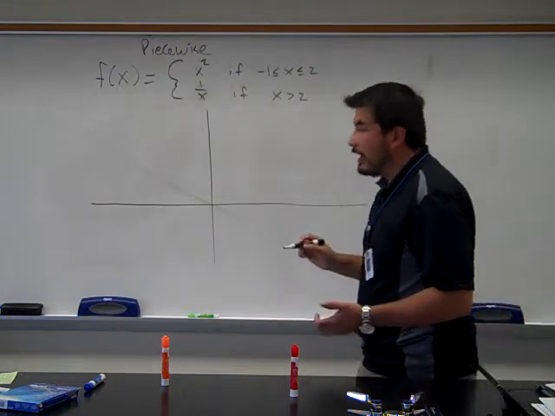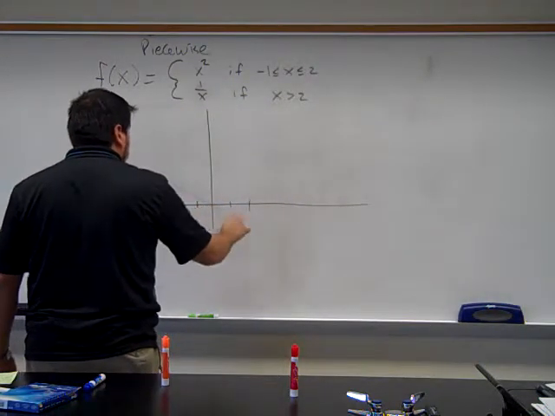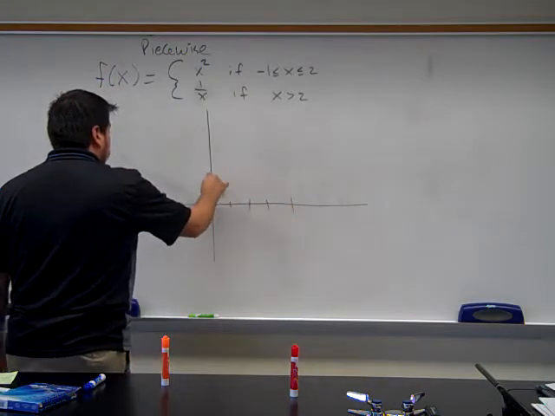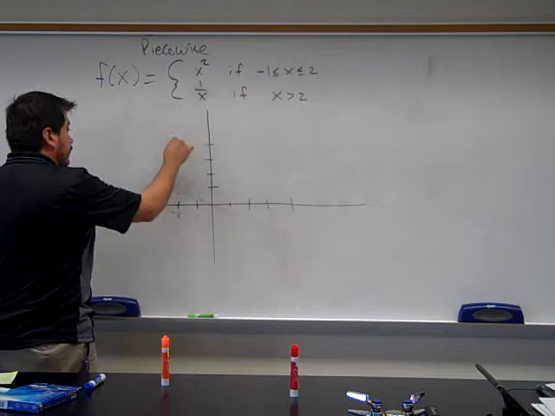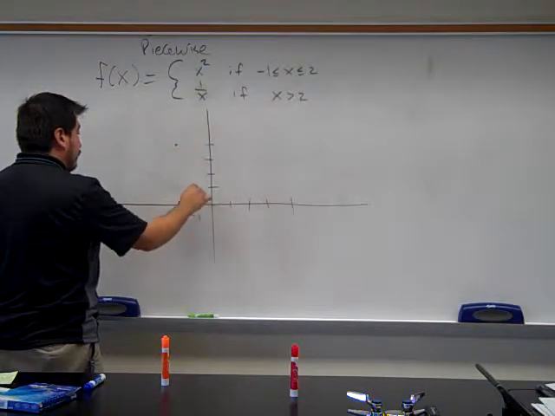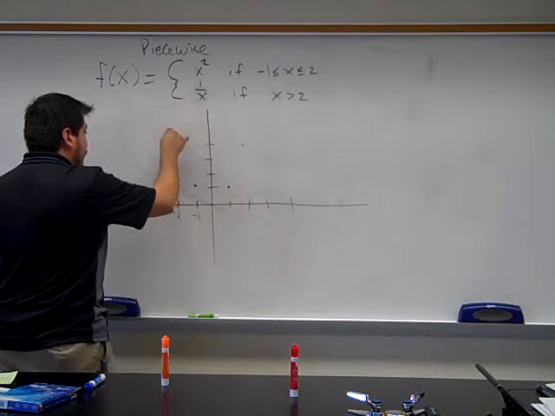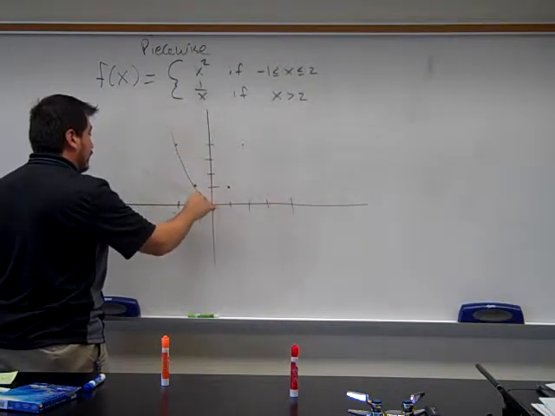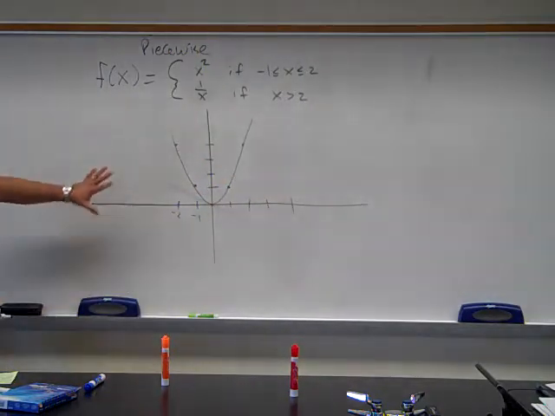In fact, if you want to lightly graph x squared, you know that x squared goes through -2, 4, -1, 1, 0, 0, 1, 1, 2, 4. So this is essentially what it looks like. This is not my final answer, but that's certainly what x squared looks like.